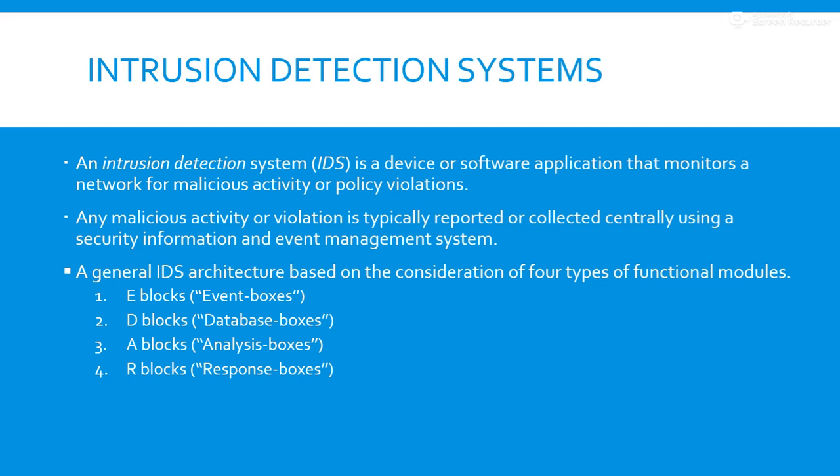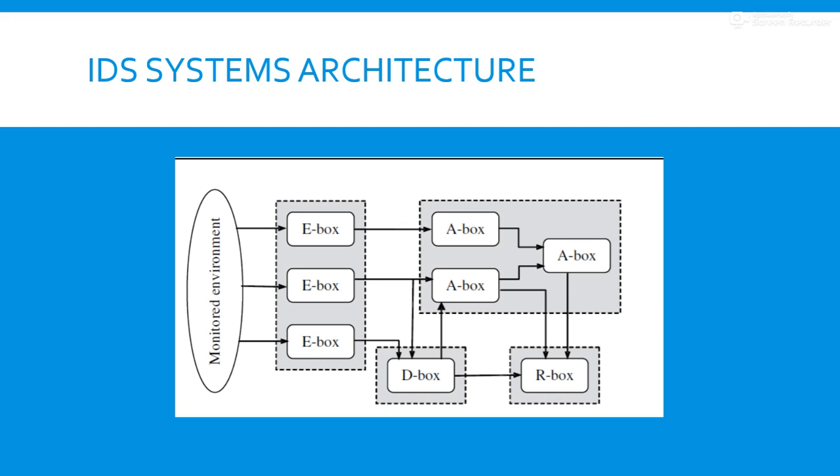A general architecture of an intrusion detection system is based on four modules, as shown in this diagram, which are event boxes, or E-boxes, then database boxes, analysis boxes, and response boxes.